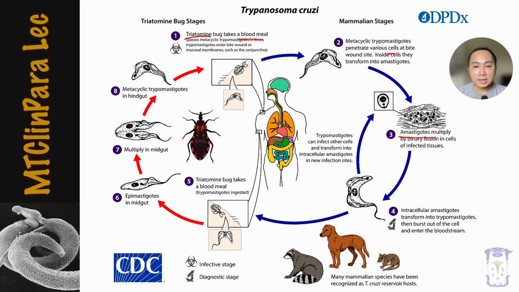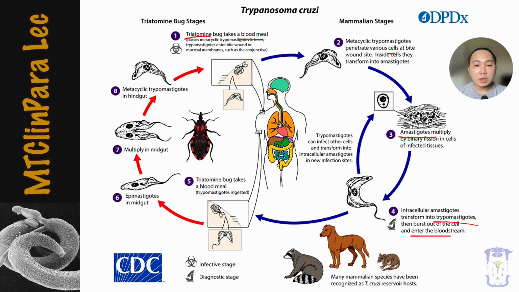This amastigote stage is where they multiply by binary fission. After multiplying, this intracellular amastigote will transform into trypomastigote again. Now, this trypomastigote will burst out from the cell and enter the bloodstream.